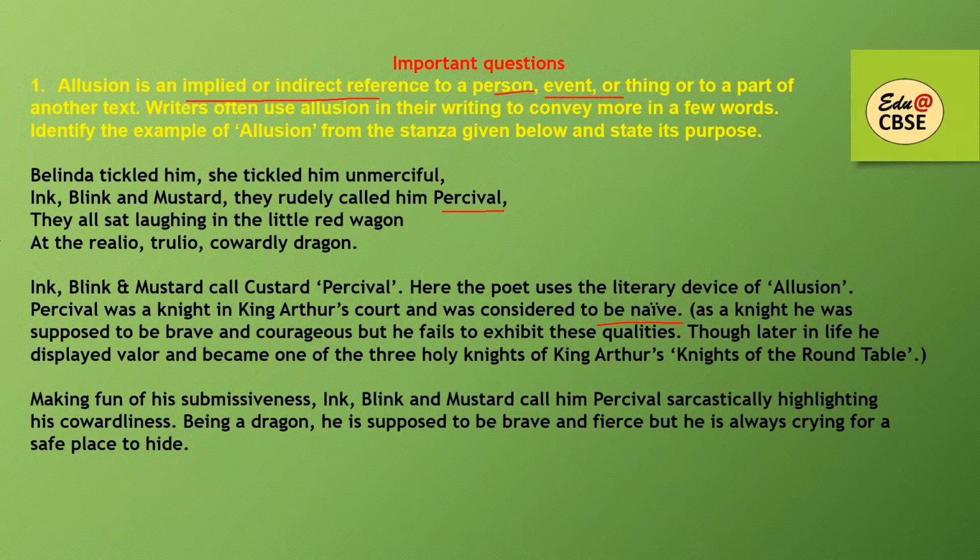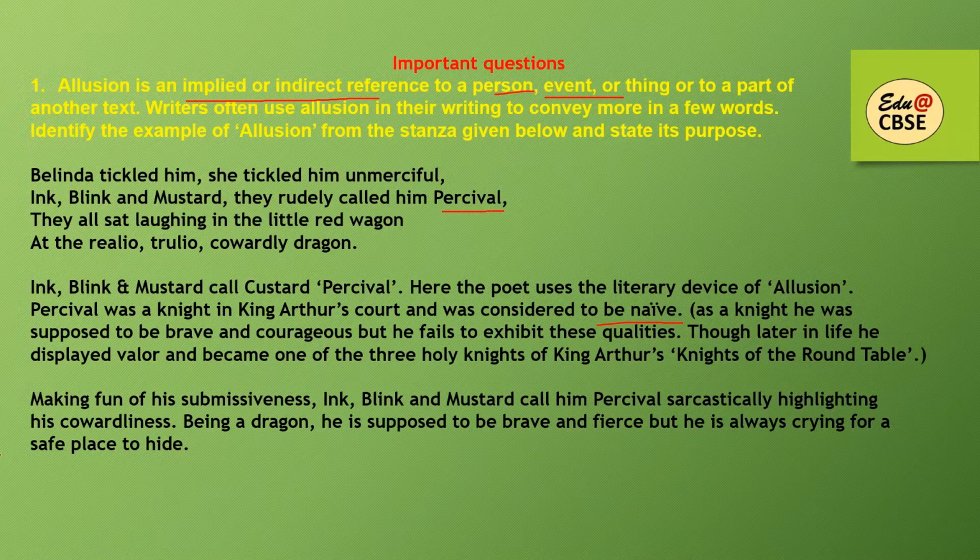Therefore, Ink, Blink और Mustard जो है वो Custard को Percival कह के चिढ़ाते हैं. So then later in life, he displayed valor and he became one of the 3 holy knights of King Arthur's Knights of the Round Table. लेकिन during his adult life, Percival, he displays valor, he displays bravery, and he became one of 3 holy knights of King Arthur's Knights of the Round Table. So this is the history part.